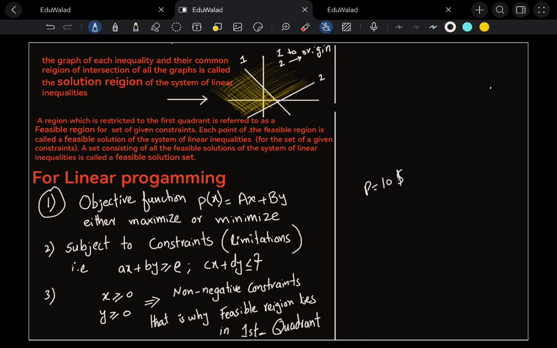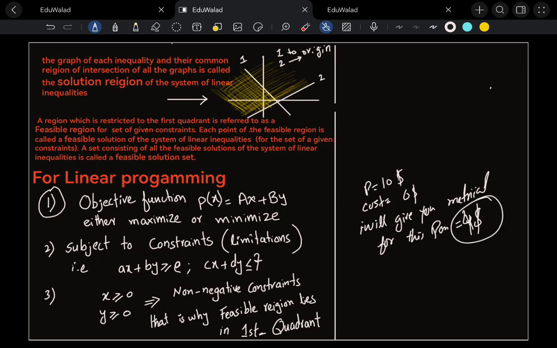You want to minimize, and your cost for producing is $6, and someone told you that I will give you material for this pen for $4. Okay, so we want to maximize our profit, so we will go with this $4 material.